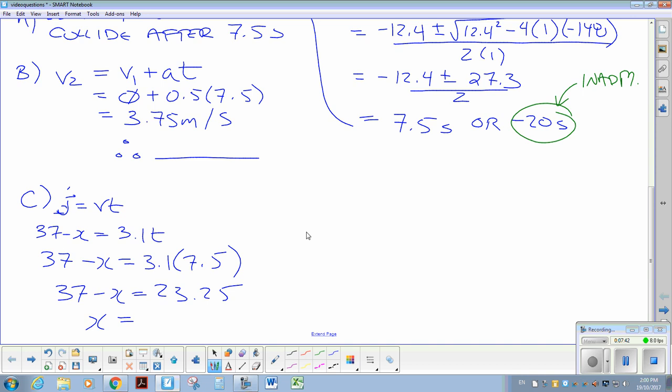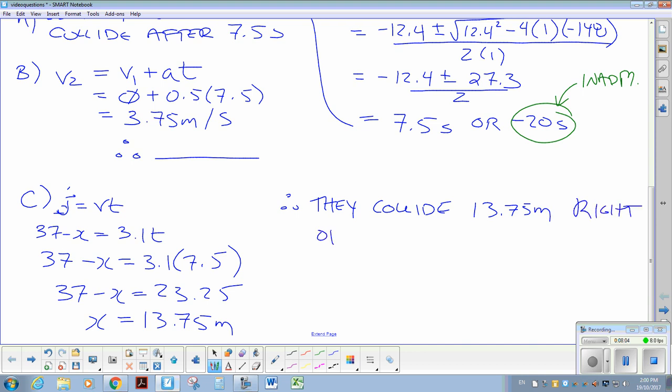Manipulating that around, we get, oops, not 35, 37, 13.75 meters. So therefore, they collide 13.75 meters right of person A for my diagram.